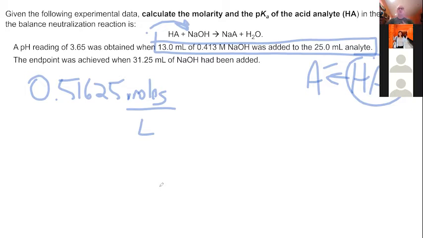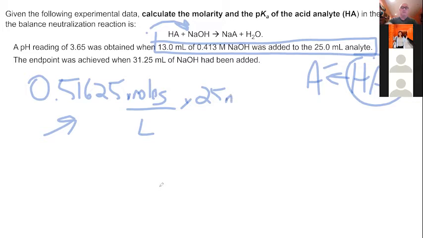That's one thing I've noticed about people's lab reports: a common mistake is that they're rounding their numbers and then doing calculations with rounded numbers, and that's a bad idea. So don't do that. If you can carry 5 or 6 digits on your calculator, just go right ahead and do that. So that's our concentration of weak acid, and we had 25 mL of the acid.